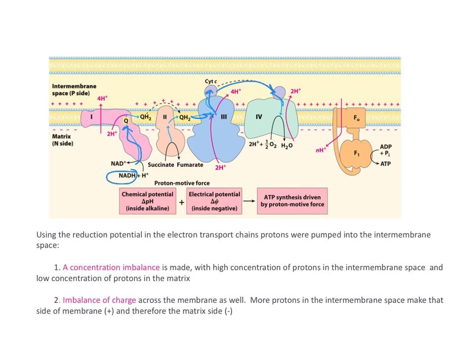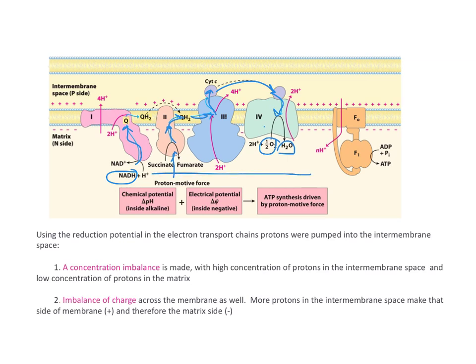And then C drops off electrons to complex 4, which is where oxygen gets reduced to water. And then we can also start here at complex 2. Succinate to fumarate is oxidized, passed to FADH2, passed to Q, to 3, to 4, so on and so forth.